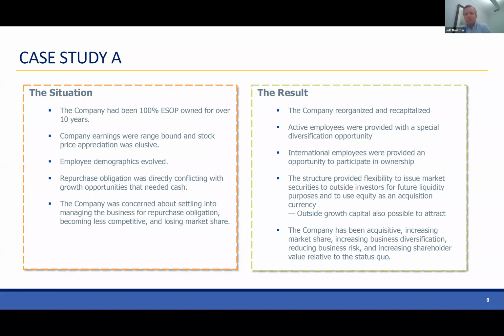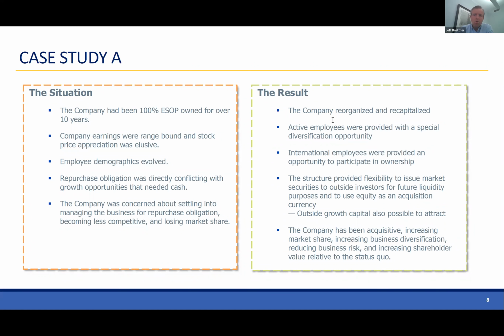And so we walked in and helped them navigate through a refresh transaction where one of the components was to take advantage of the robust capital markets and give active employees a special diversification opportunity. What I mean by that was, we went out and raised some capital, which was a committed pool of capital, and an offering was made to all active employees that would allow them to monetize their ESOP dollars sooner than what would otherwise have been the case.